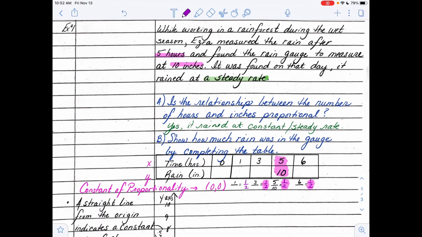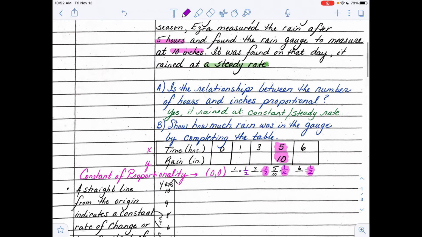So let's see if we can fill in these other pieces. Well, let's start with that easy one. If I already know that it's 1 here for the time, what do I need to have on the bottom so I can get that 1/2? Well, that's almost a given. That's 2. Because once I have that 2 for the rain, it's going to give me that same ratio of 1/2.